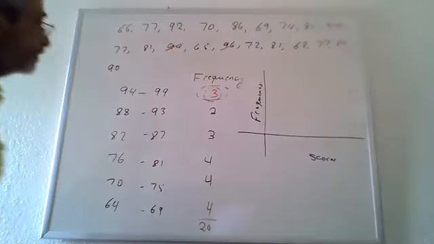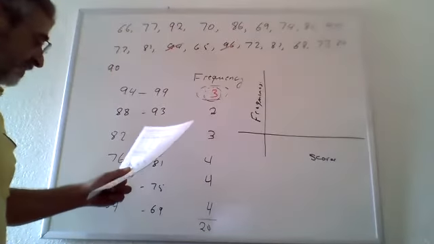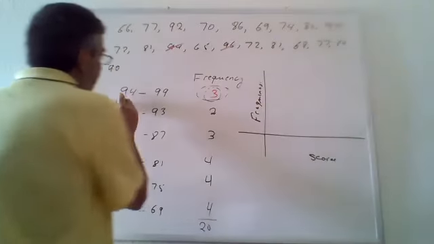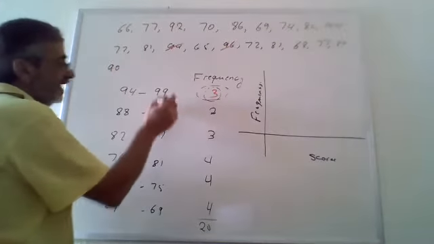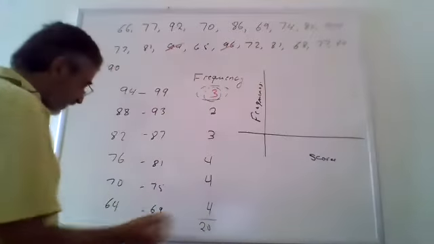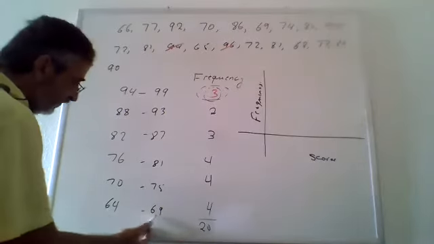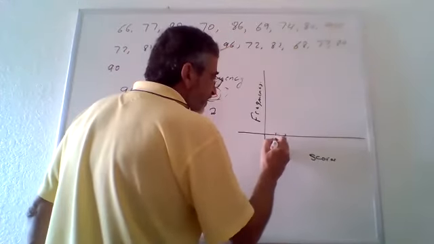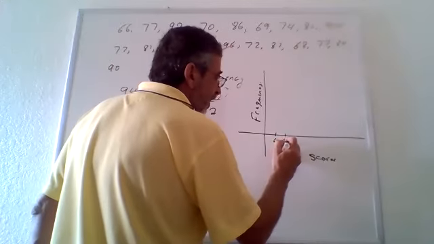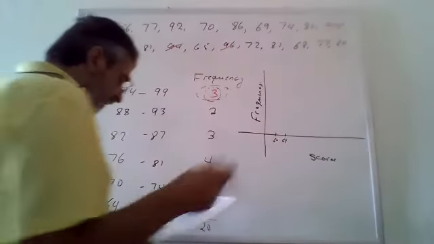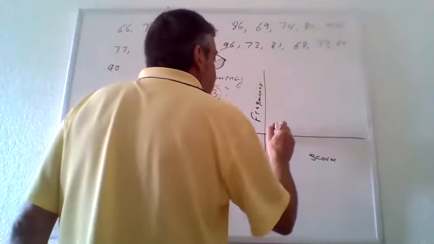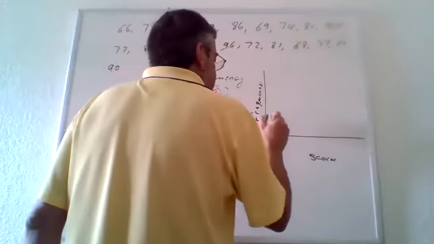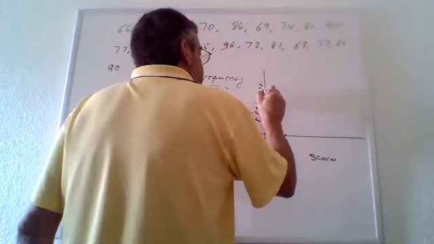In this particular case, we have scores from 64 to 99. Let me start with the smallest one, 64 to 69. So let's say this is your 64, this is your 69. The score goes up, and the frequency is what? 4. So 1, 2, 3, 4.